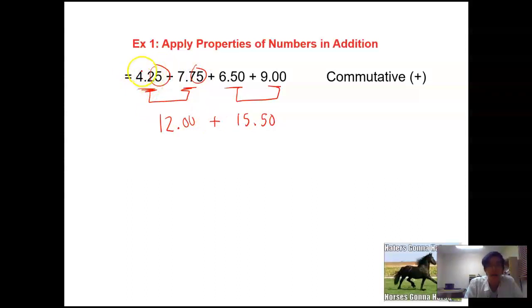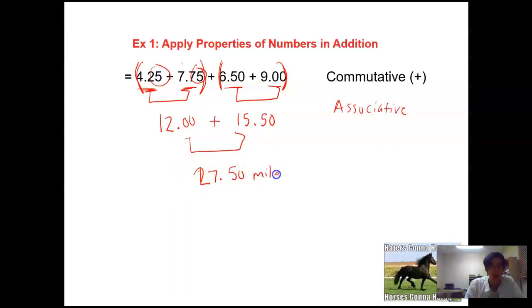And because I only added these two together, I could also say that I grouped them up using parentheses with associative property. And then I continue doing that, and that's going to give me a total of 27.5 miles.